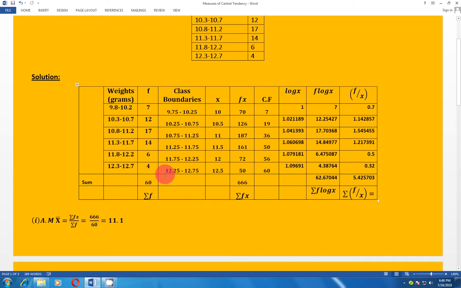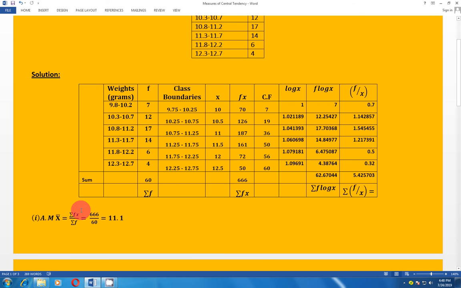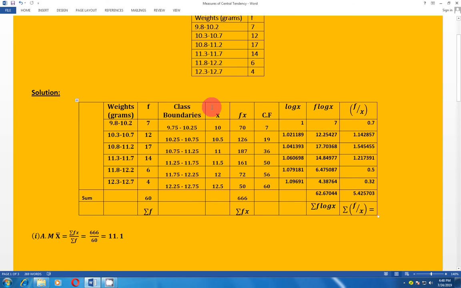So here, according to the formula, we need the product of f and x. f is the frequency and x is the class mark. So 10 multiplied by 7 equals 70. 10.5 multiplied by 12 will be equal to 126. 11 multiplied by 17 is equal to 187, and so on, and the sum of f x is 666, and the sum of f is equal to 60.